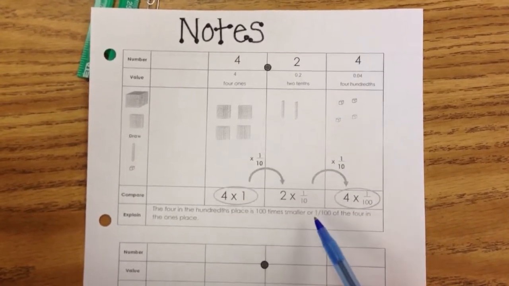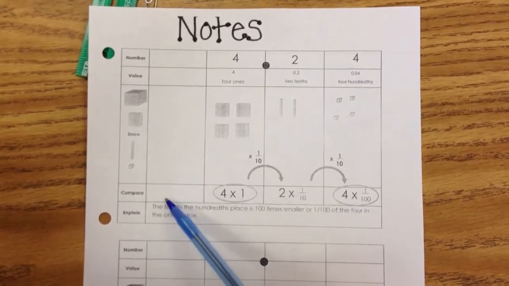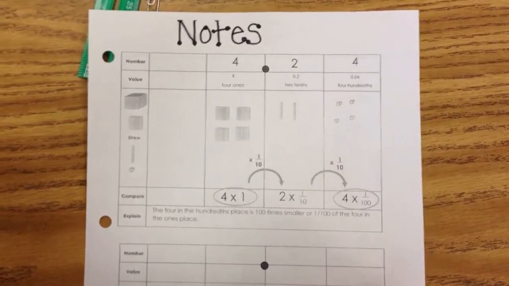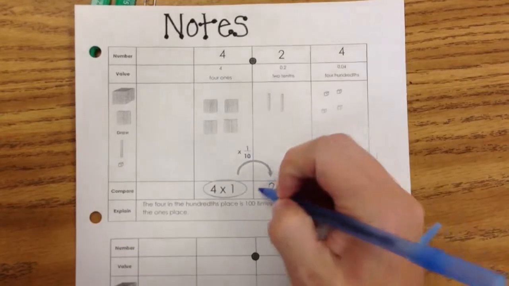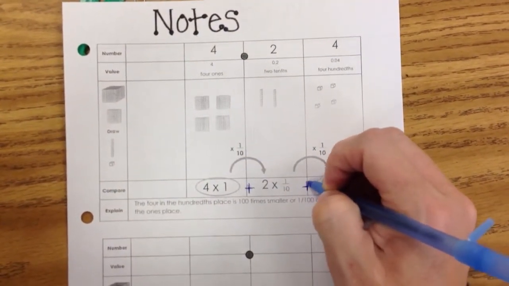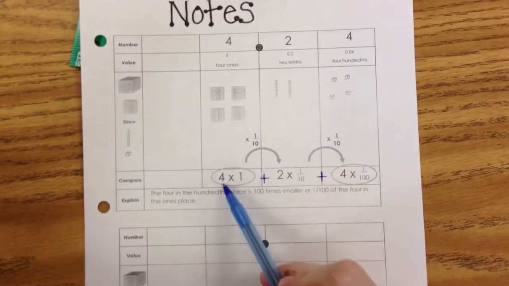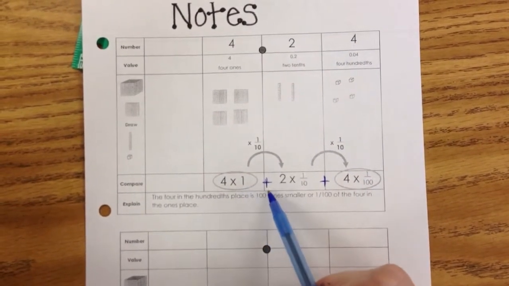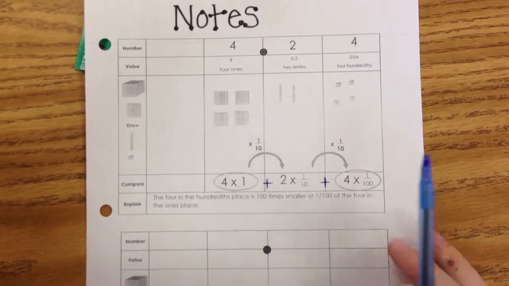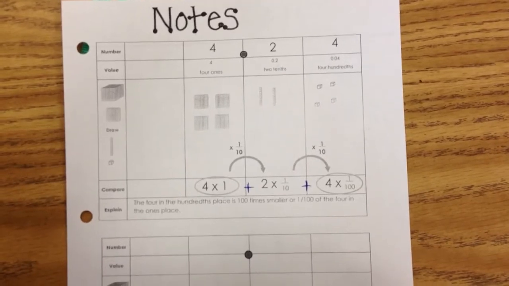We talked today about expanded form using multiplication, and this row is the expanded form using multiplication for the decimal number 4 and 24 hundredths. All the students have to do is put in addition signs. So it's 4 times 1 plus 2 times 1/10 plus 4 times 1/100th.